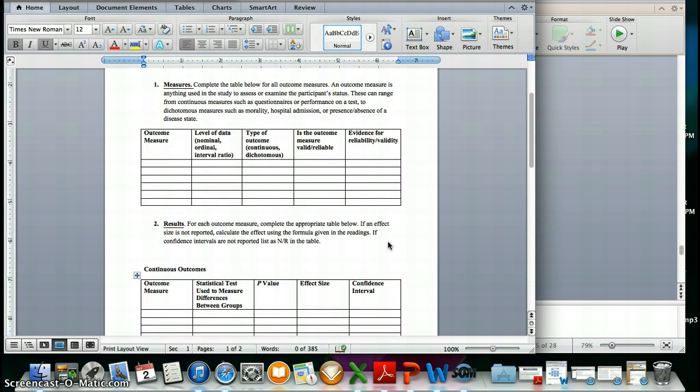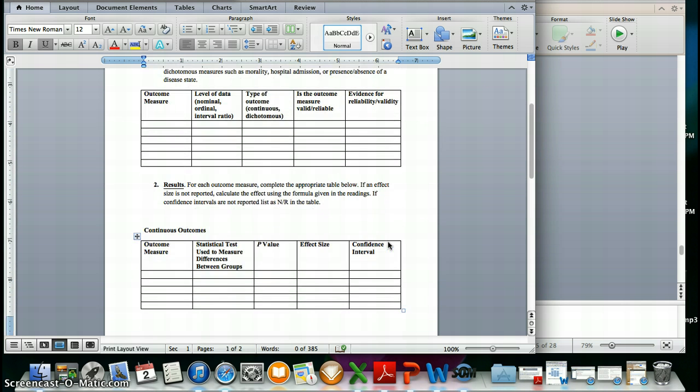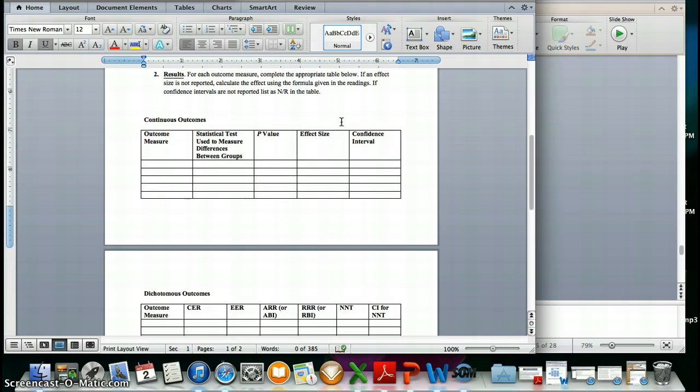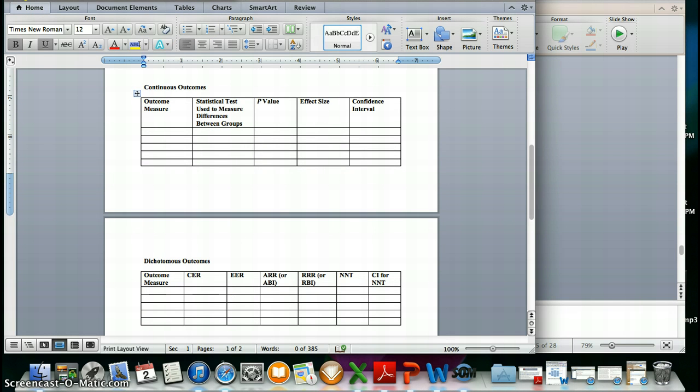So in Module 5, while you're critically appraising, another reason why I've gone over these things is because you're going to look at the outcome measure, the level of data, the type of outcome, and is the outcome measure reliable, and is it valid, and where's the evidence of these. These are the things that you're going to compare, whether it's continuous or dichotomous.